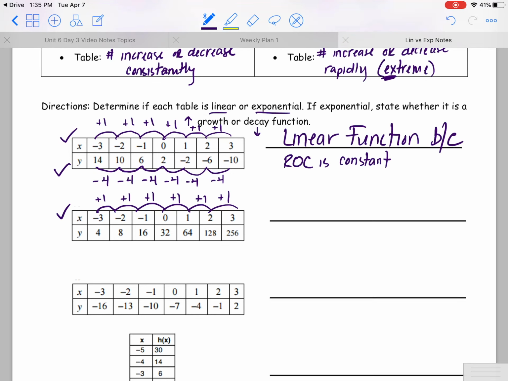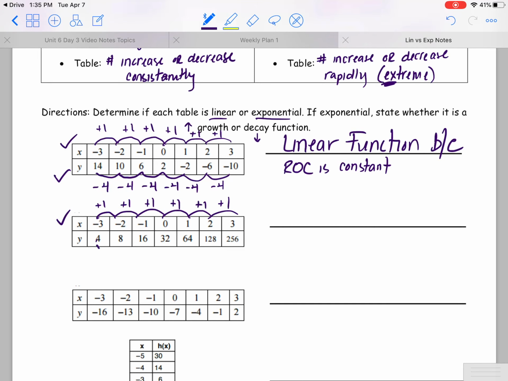Remember, when we're doing these, we're either adding or subtracting. So how do I go from 4 to 8? You'd have to add 4. Same thing from 8 to 16, I must have had to add 8. From 16 to 32, if I add 16 to 16, that gets me 32. This has a difference of 32.